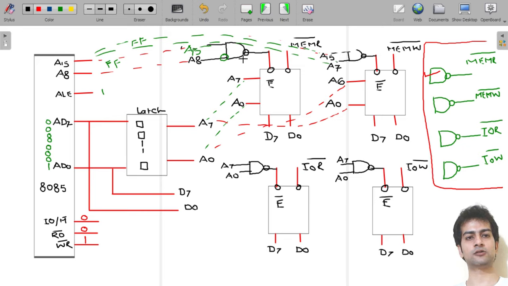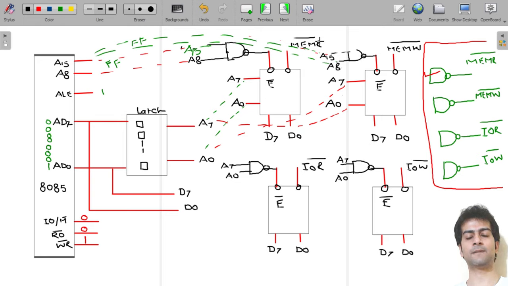Suppose everything would have been the same: A15 to A8 here and here, and A7 to A0 here and here. Then the higher order as well as lower order address would have been the same, but still only one would have been activated because it will depend upon the control signal.